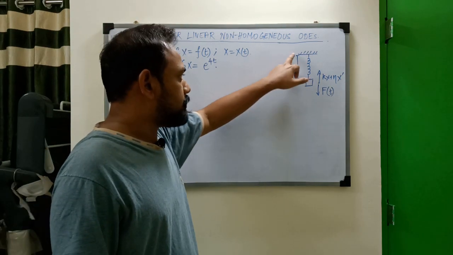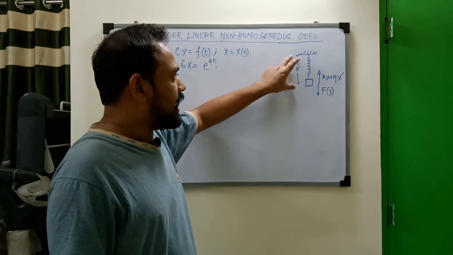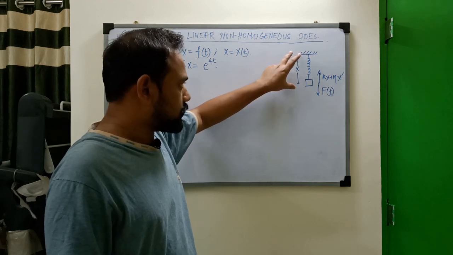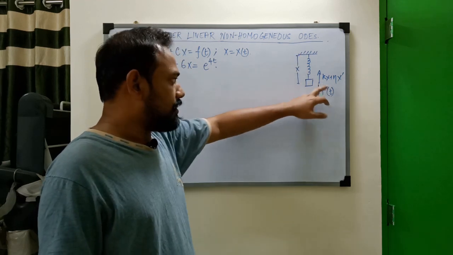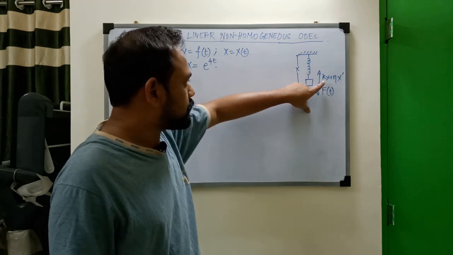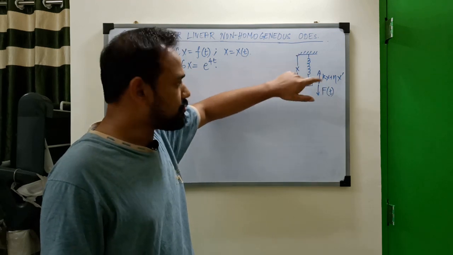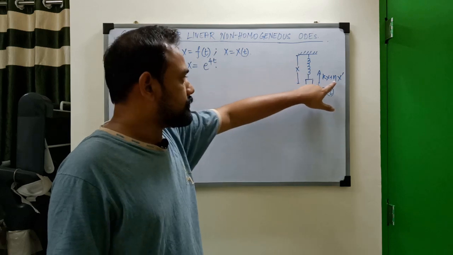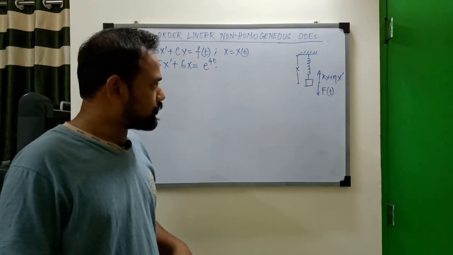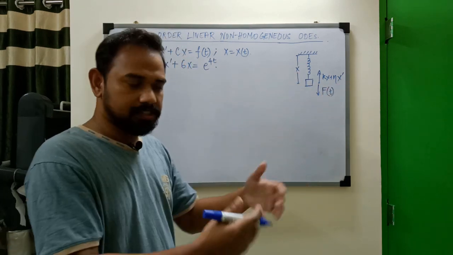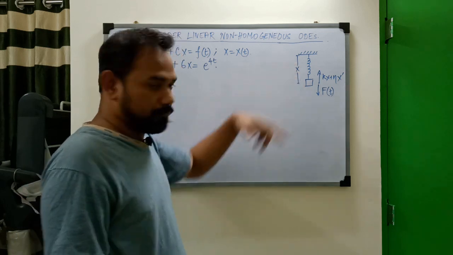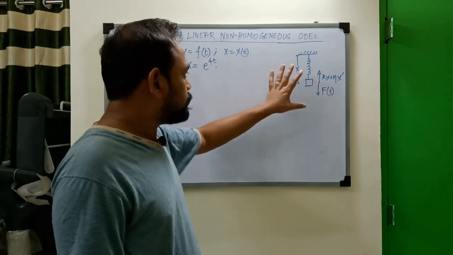So a mass is suspended from a ceiling by a spring, and at any point of time t, the distance from the ceiling is x. There are forces: the spring force, which is the spring constant times the length of the spring, and the eta with x prime, which gives the resistance of the air as the body moves, or the friction.